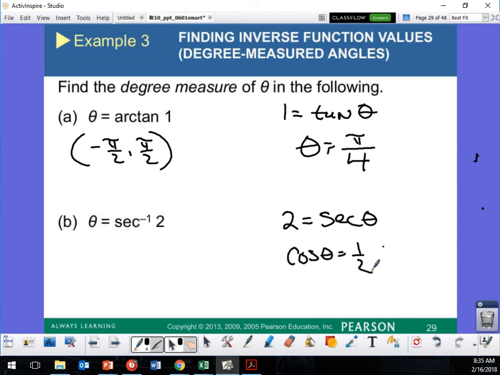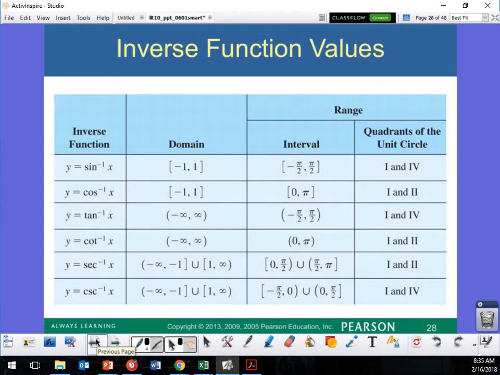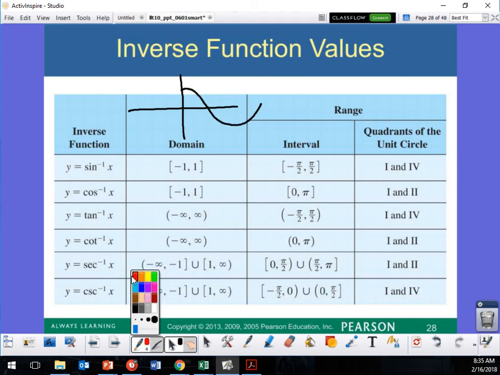Now, if we go back to the restrictions on secant, let's look. Here's secant right here. So the domain, the union symbol means that it starts at -infinity, goes to -1, and then it skips and starts up again at +1 and goes to positive. No, it's everything. If you remember what the graph looks like, there's the cosine, and the secant, which is the reciprocal of this, would go this way.